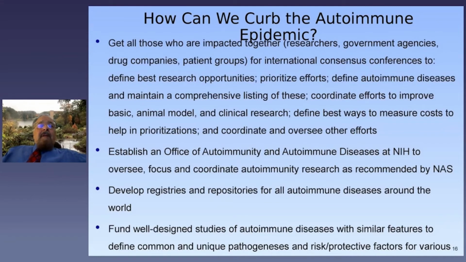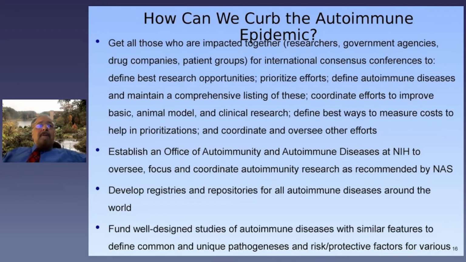The NIH has a number of offices and centers that are each working in their own areas and unfortunately not coordinating their efforts in autoimmune diseases. And so the National Academy of Sciences has recently recommended, after a review of the NIH efforts, to establish an Office of Autoimmunity and Autoimmune Diseases, which might eventually evolve into an institute.